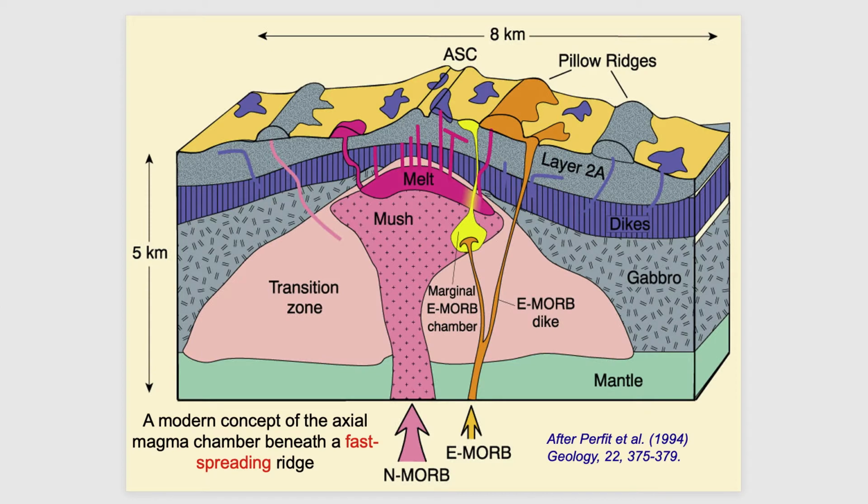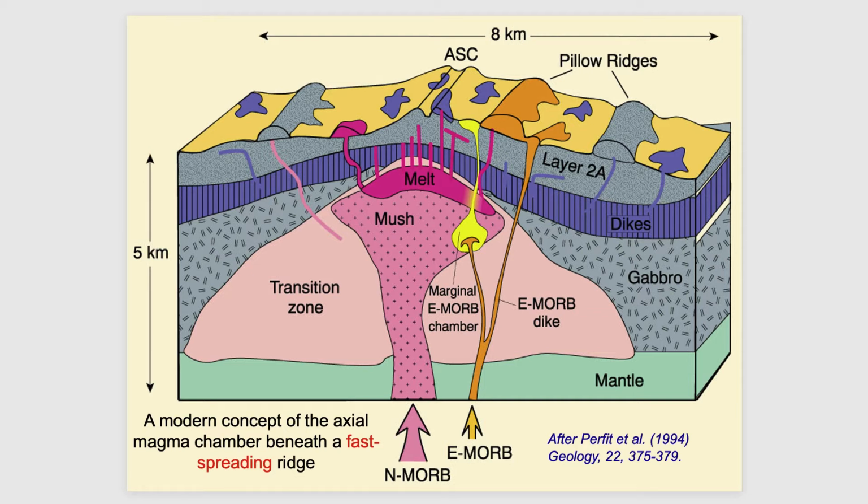In reality, the modern representation, so this is a mid-90s representation of the style of magmatism in a mid-oceanic ridge, recent seismic work has failed to detect the large magmatic chamber that was illustrated in that earlier model we were just looking at.